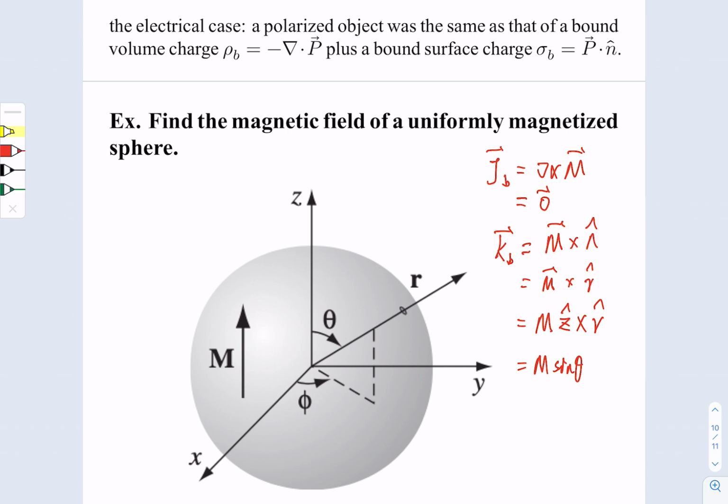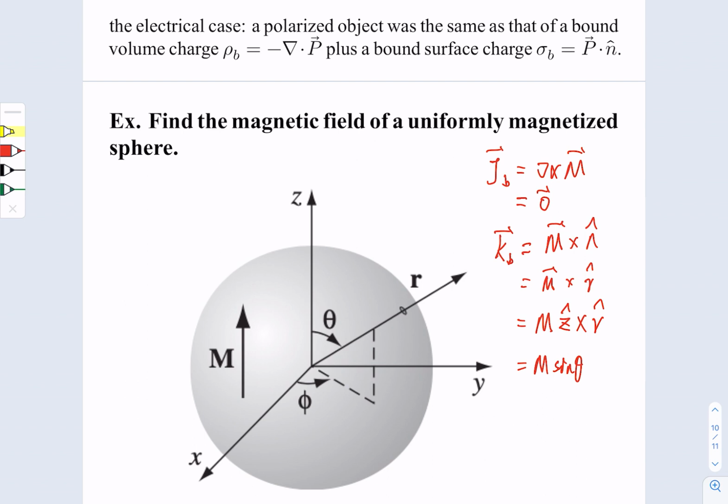And now let's determine the direction of this surface current. This direction is z cross r, right? So it must be either pointing into the screen or out of the screen. If you use the right hand rule, going from the z to the r direction, that should give you a direction pointing into the screen.